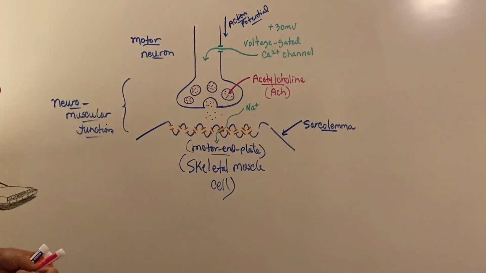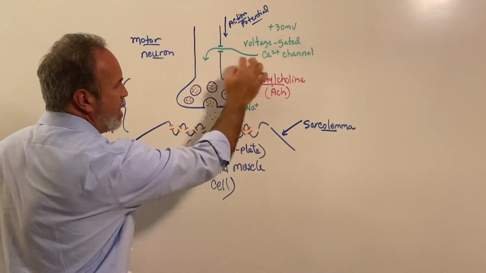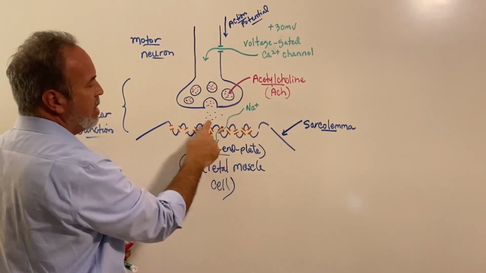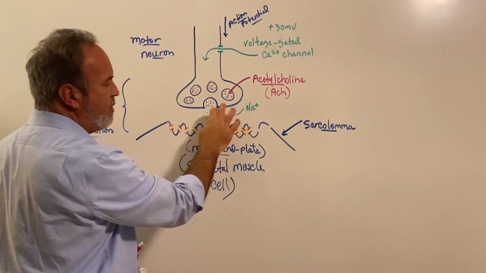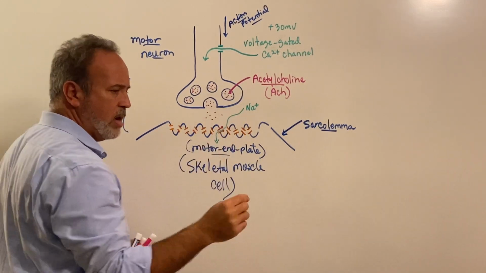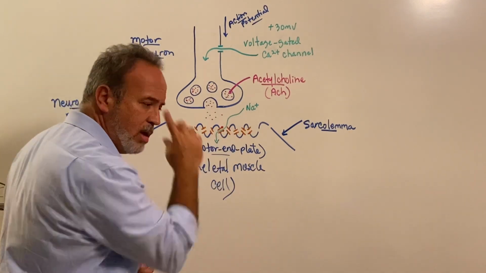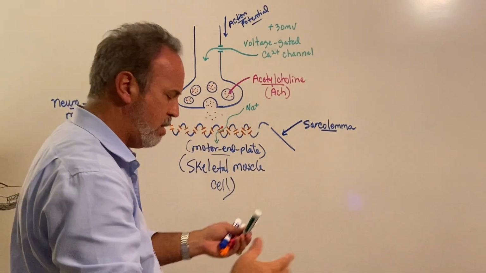Okay. So acetylcholine was released because we were able to open those channels for calcium, and then it diffused across the synaptic cleft, and it binds to these channels, okay, and those channels are going to open.